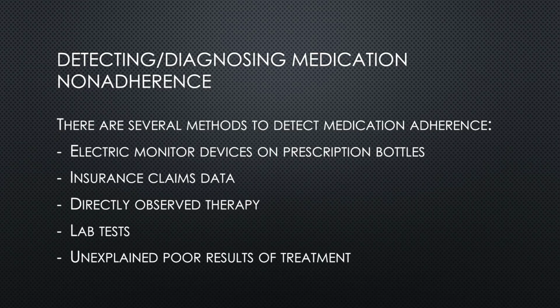So you would see if a patient isn't trying to refill their medication. Directly observed therapy. Lab tests, if they don't seem to be improving, which they should if they're taking their medication, that could be an indication that they are not taking their medication. And unexplained poor results of treatment.